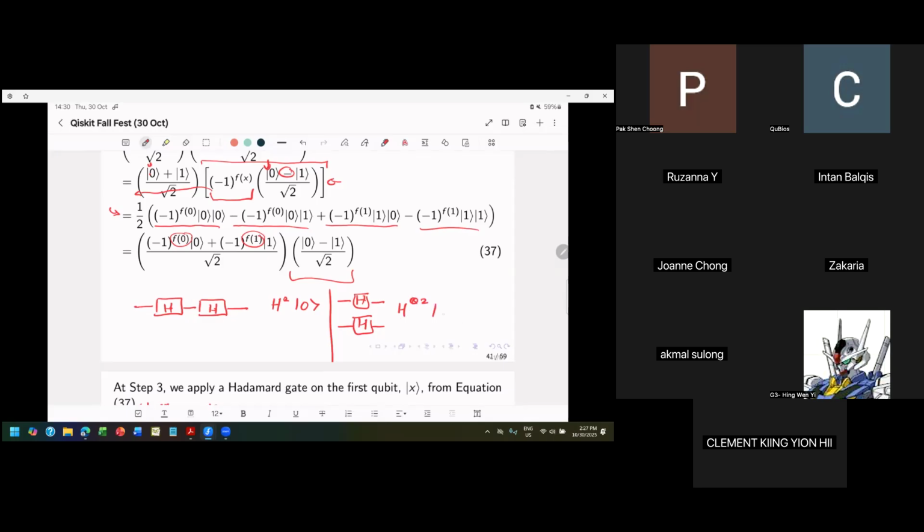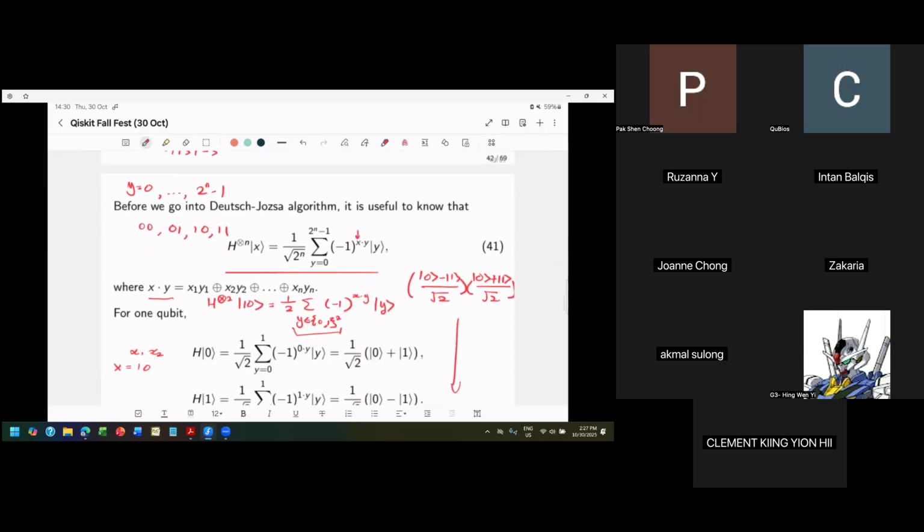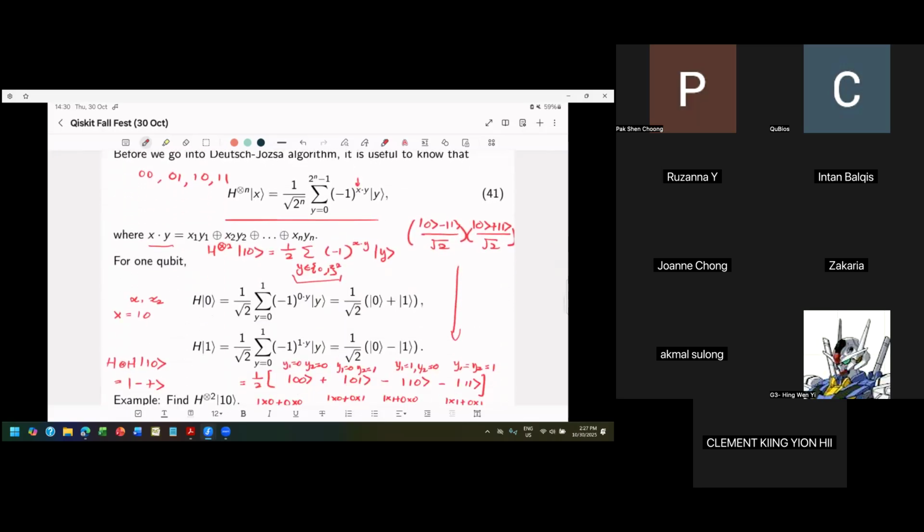You apply on two qubits in a parallel kind of setting. So the right side is the parallel, the left side is series. What this equation is about is when you apply it in parallel, so you cannot apply that condition thing.